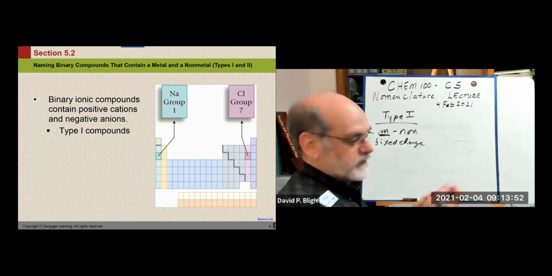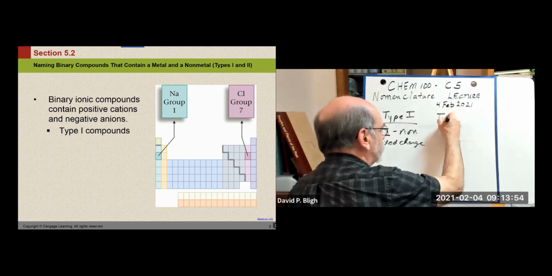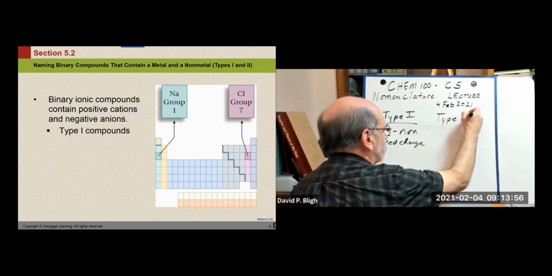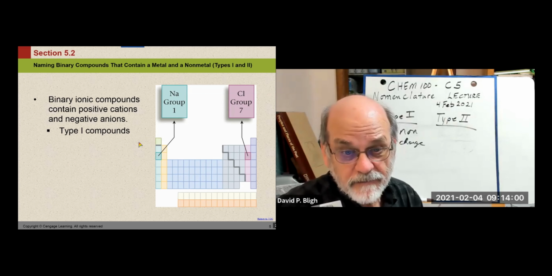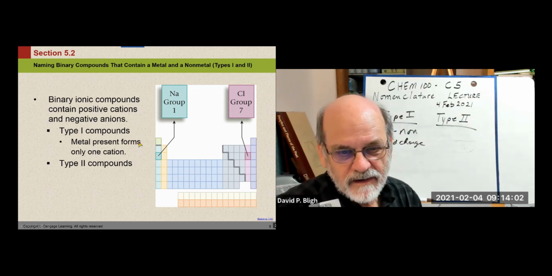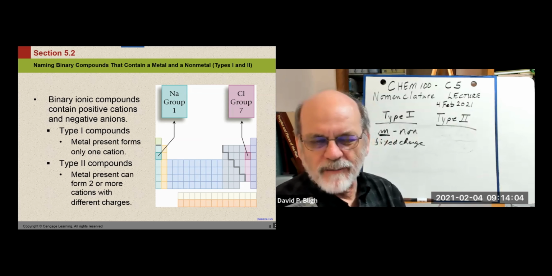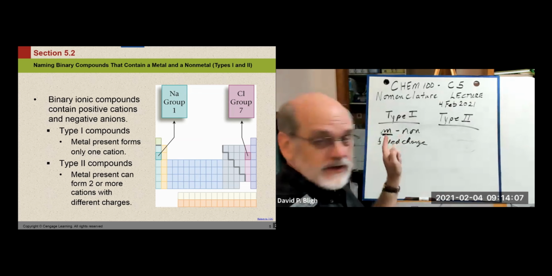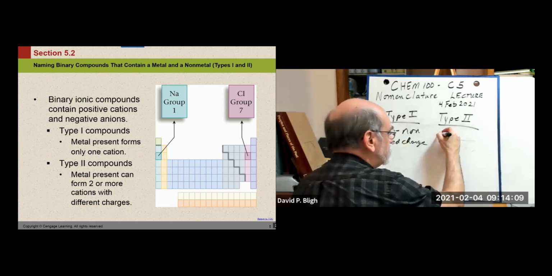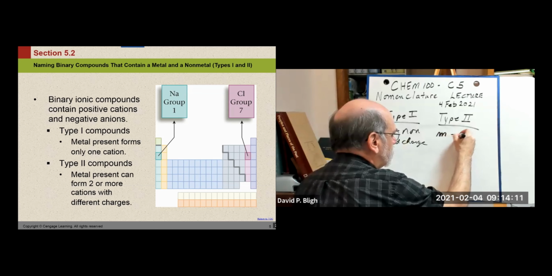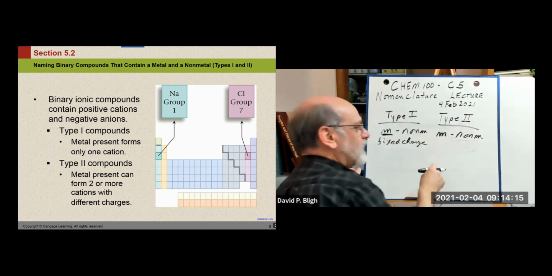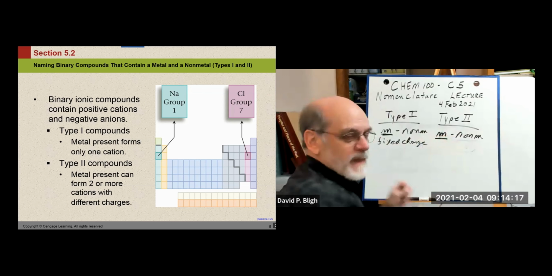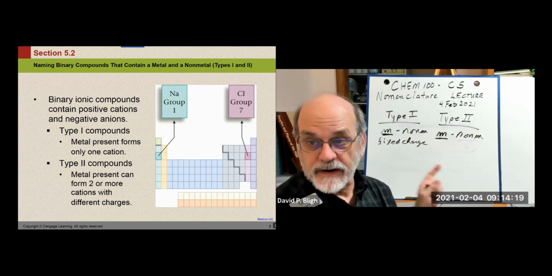Type 2 compounds. Let's see, let me keep my slides moving here. Okay, type 2 compounds are still metals and non-metals. But the metal is a variable charge.